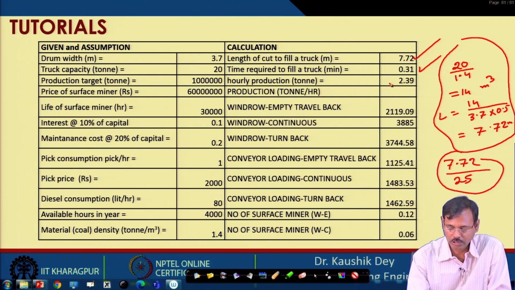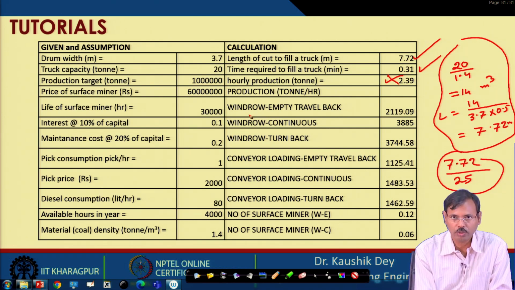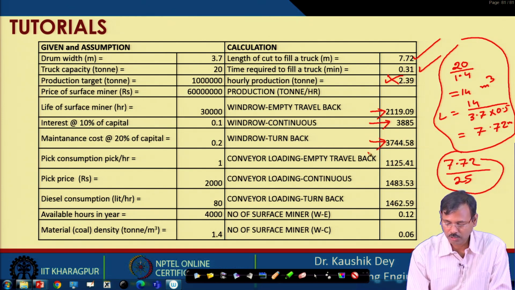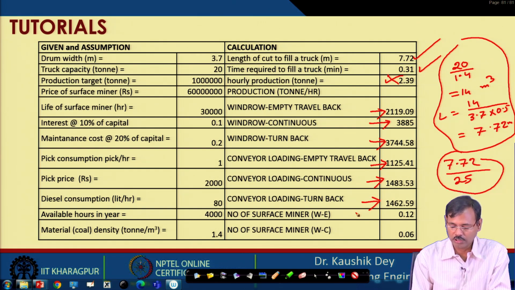So, the production in ton per hour you have to calculate, for different methods you use the formula and all the desired components which we have assumed. For that, windrow empty travel mode, it is coming this one, windrowing continuous mode this one, windrowing turn back mode this one, conveyor loading empty travel back mode, conveyor loading continuous mode and conveyor loading turn back mode. These are the options achieved.